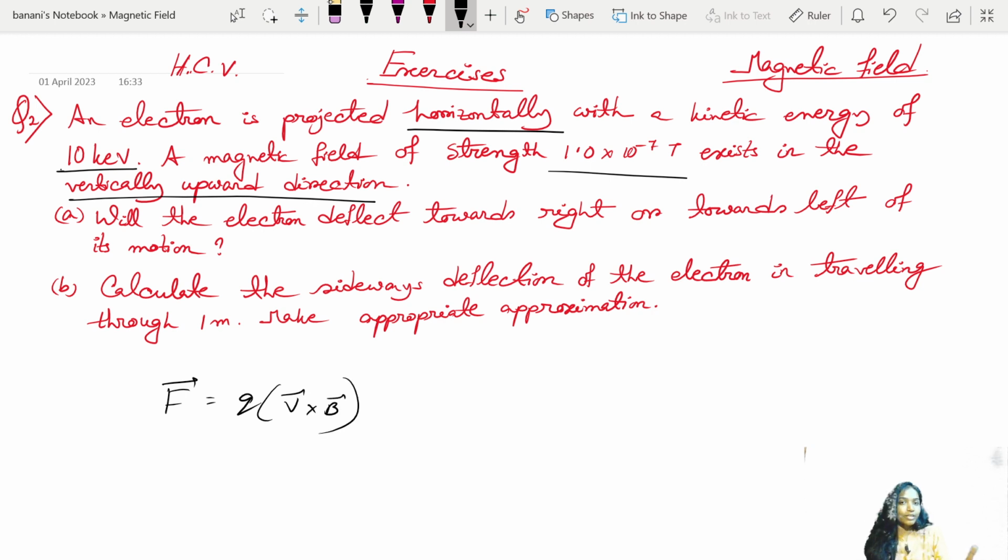So for an electron it will be just opposite, not towards the right of its motion but towards the left of its motion, because it is a negative charged particle.